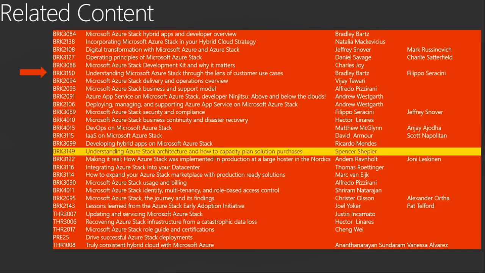He's one of the architects for Azure Stack, and he will go into detail on how to do the sizing, what math, and how you can understand what sizing capacity you need for your application with Azure Stack. If you are interested in understanding how to compute that, attend the session.